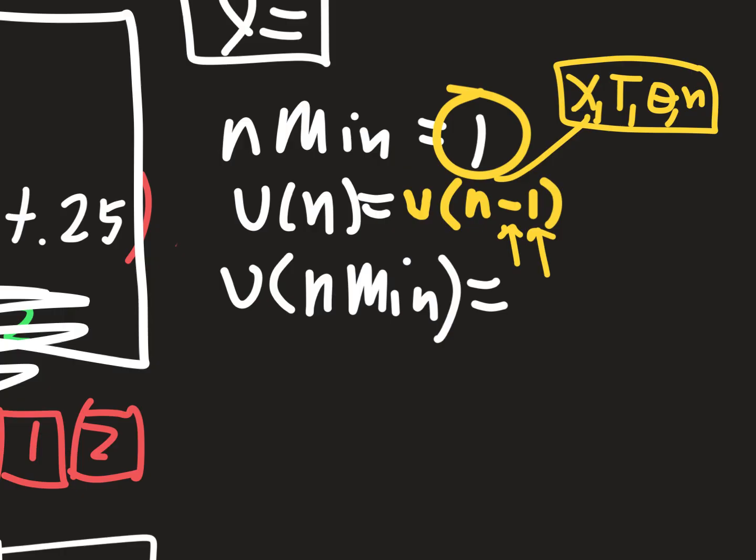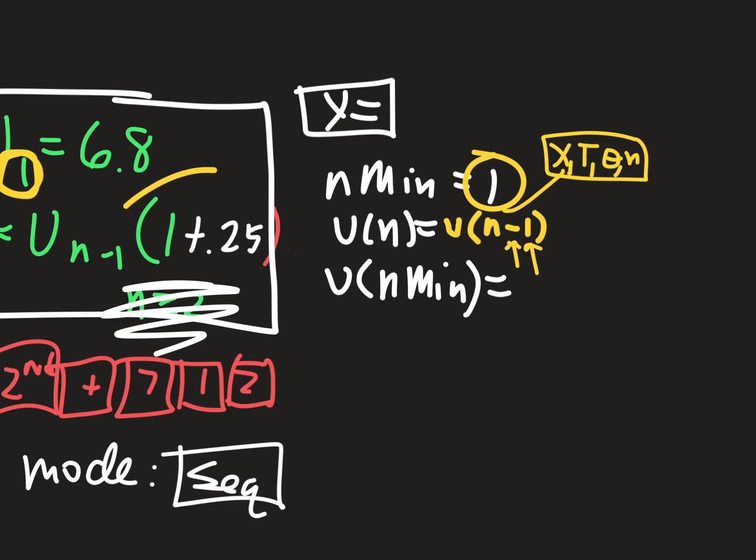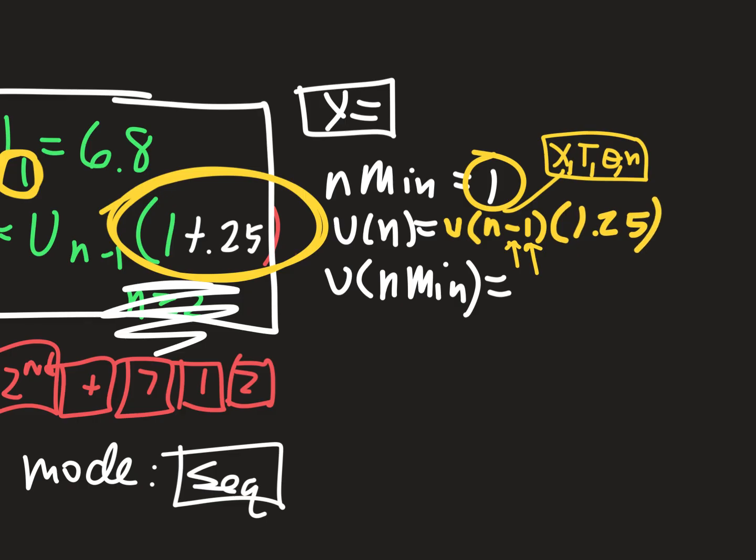All right, u parentheses n minus 1. And then you put in parentheses, just like this. Parentheses, 1.25. Now you could put 1 plus 0.25 if you want to be pro level. And then if you think about it, the only thing we haven't told the calculator is what the u sub n min is.